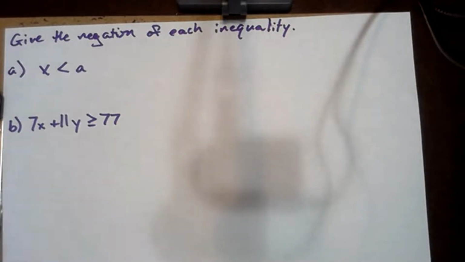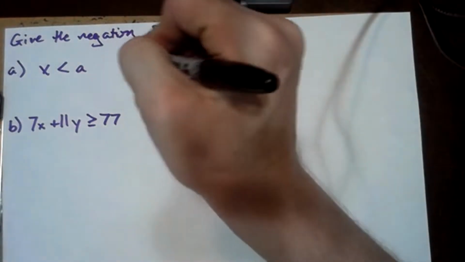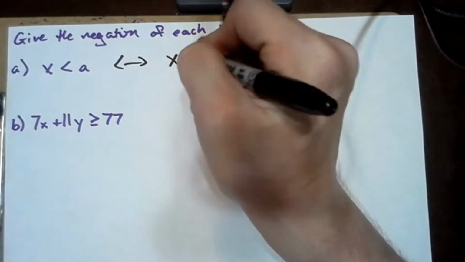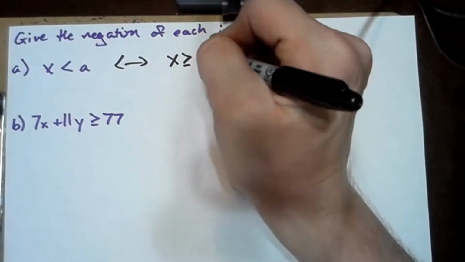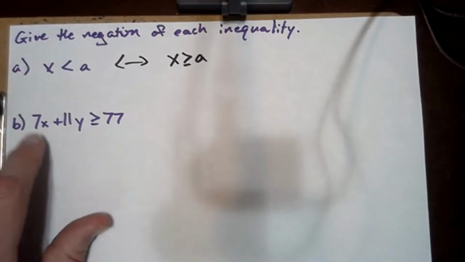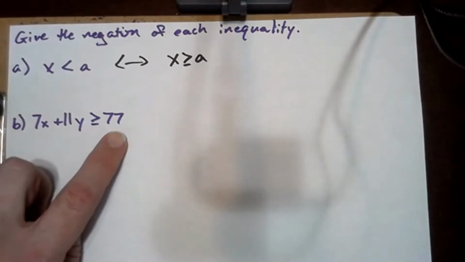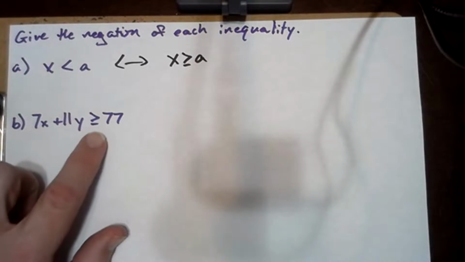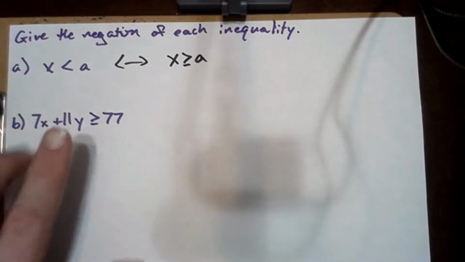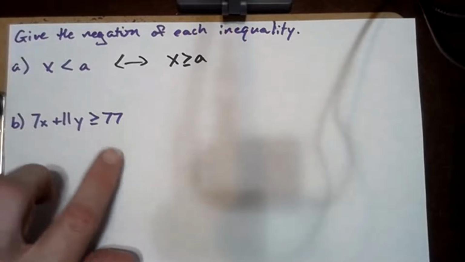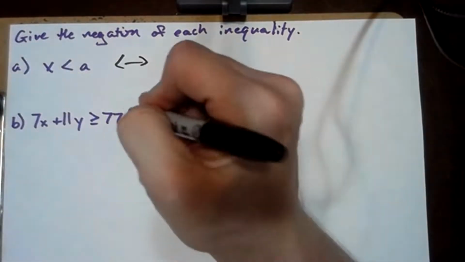If x is equal to a, it is also not less than a. So the negation of x is less than a is x is greater than or equal to a. For 7x plus 11y is greater than or equal to 77, the only possible thing that could make this false is if 7x plus 11y is less than 77.